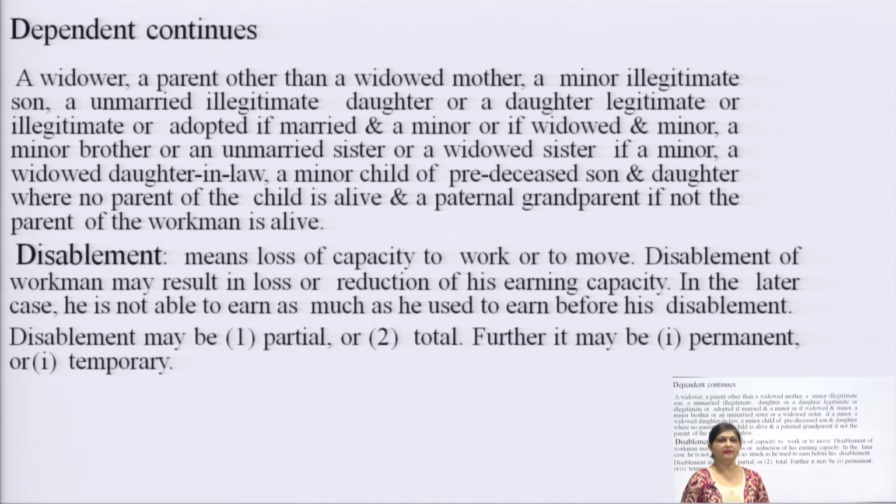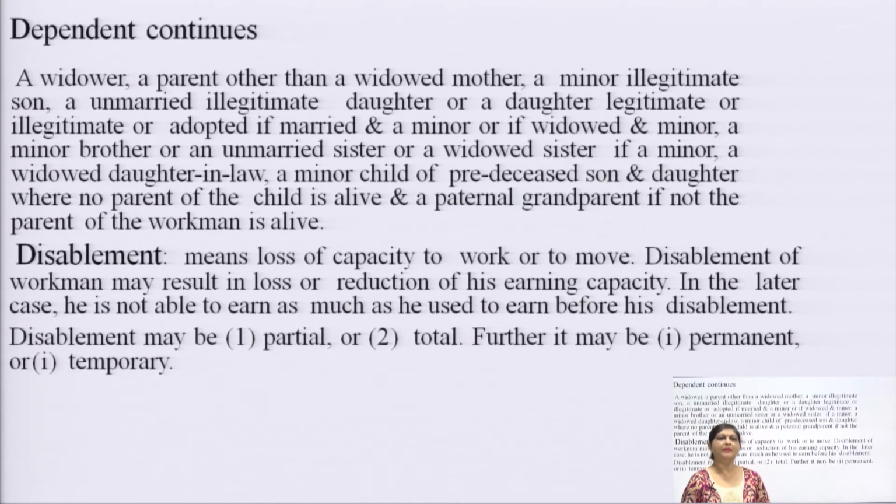Now, next is disablement. Disablement means loss of capacity to work or to move. Disablement of a workman may result in loss or reduction of his earning capacity. In the latter case, he is not able to earn as much as he used to earn before his disablement.